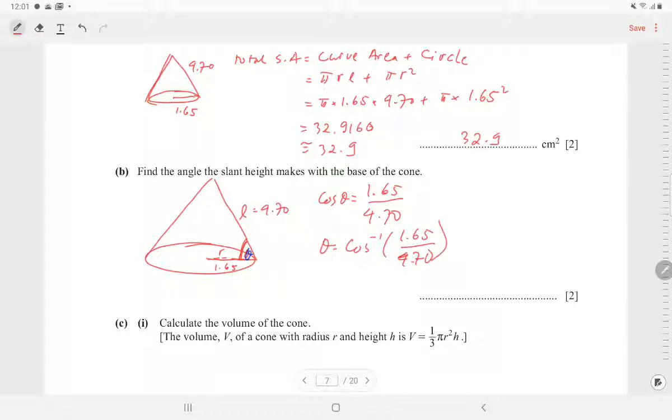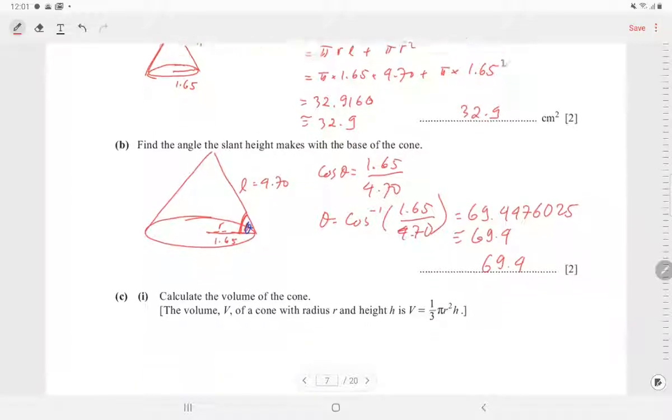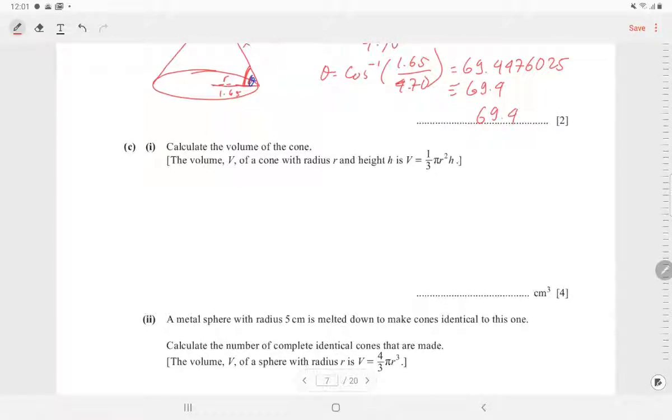Okay, so the answer is 69.447625. Rounding to one decimal place, so 69.4. Calculate the volume of the cone.